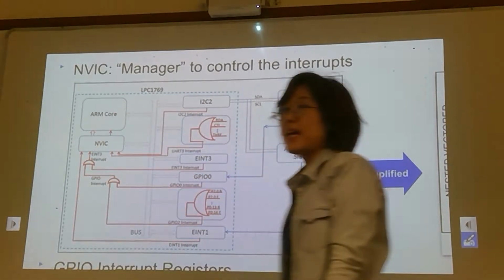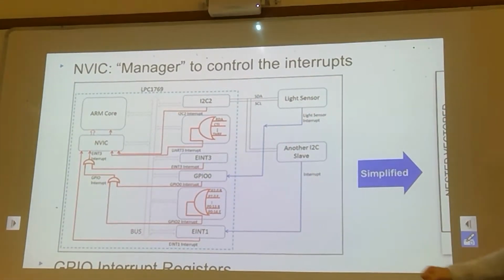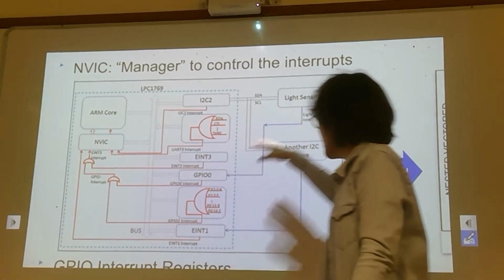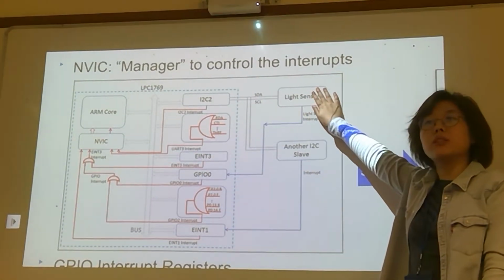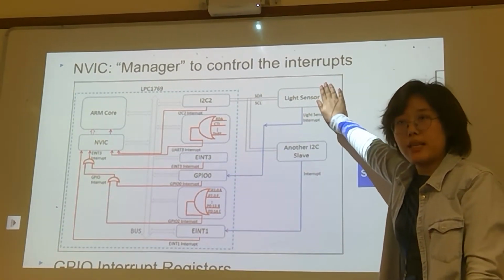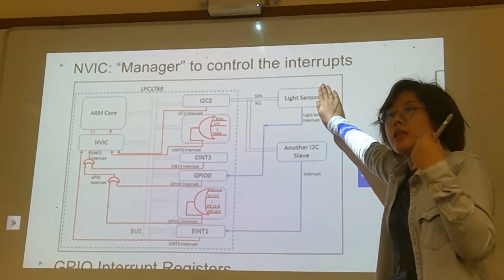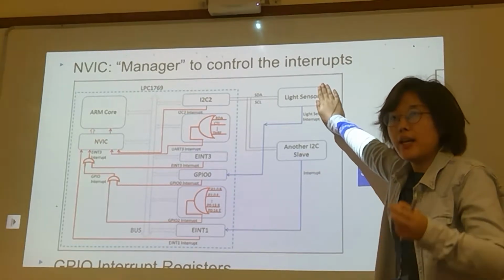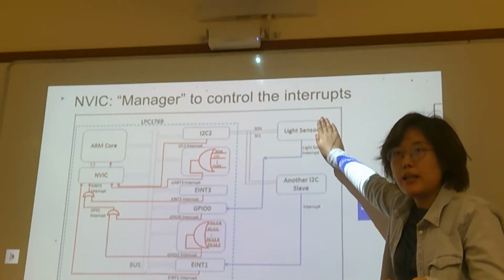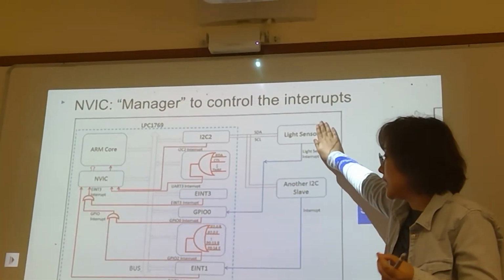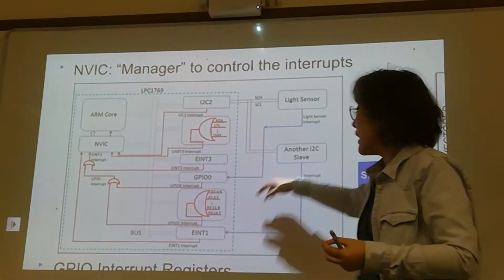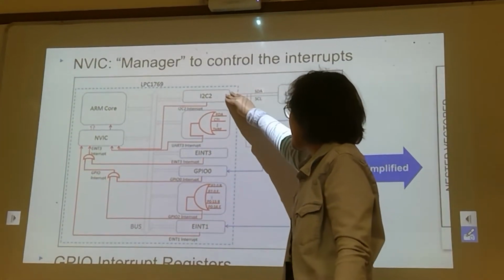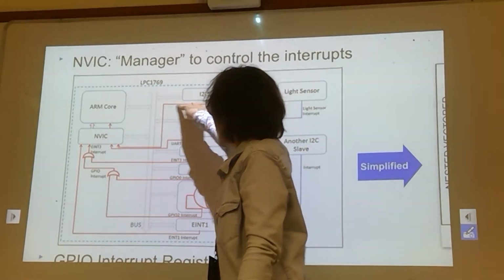But let's say you did some setting telling your LPC that this device is very important to me. Whenever I receive data from here, I should deal with the data first, I should immediately process the data. If you did the settings here, then once the data comes from the light sensor, it will go in this way.